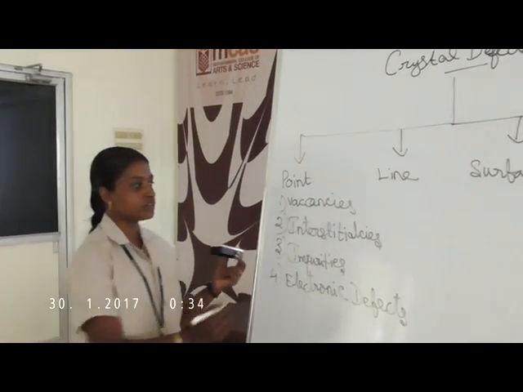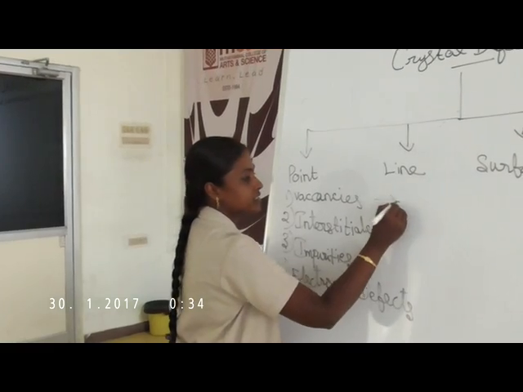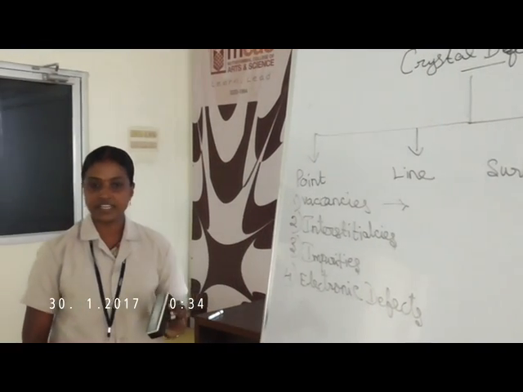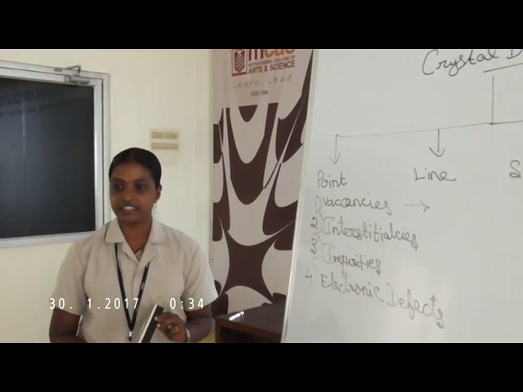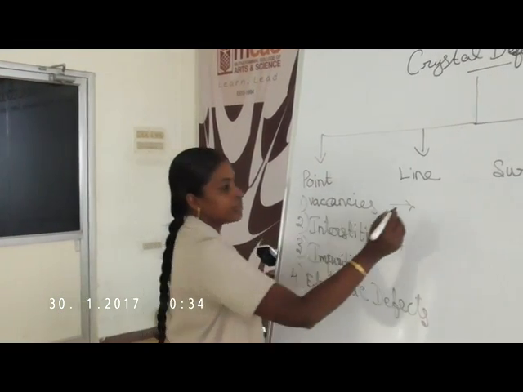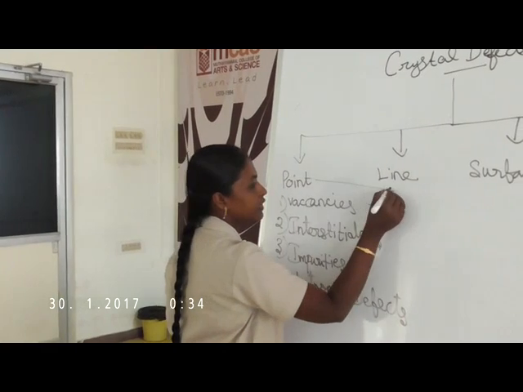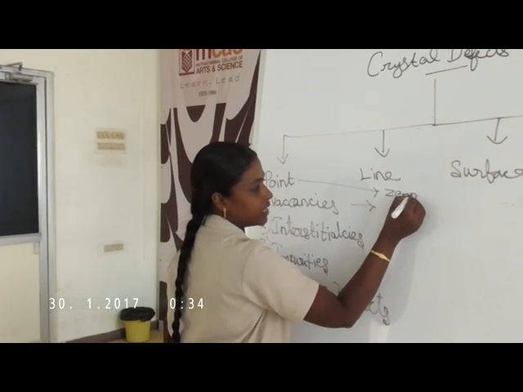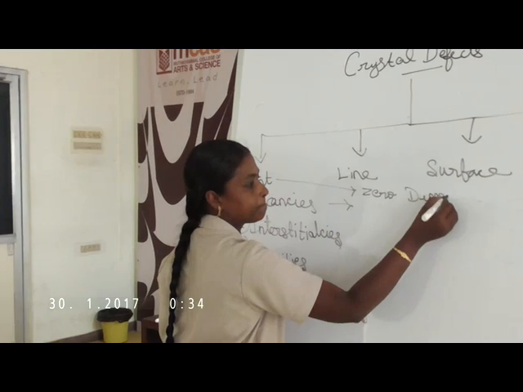First we are going to see about vacancies. In the heading itself we can simply say what is meant by vacancy. Vacancy is an empty atom site. Point defects are zero-dimensional imperfections.